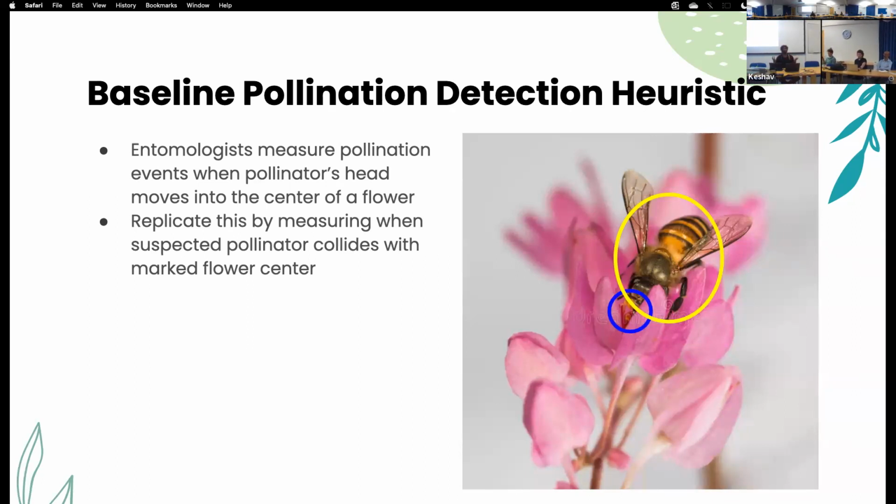This can be quite simply replicated by marking the center of a flower during an initial step in the video, as our camera is static, and then when an insect blob or an extracted insect makes collision with that center, we can detect that as a pollination, using some time thresholding as well in order to fine-tune that for actual insect behaviors.